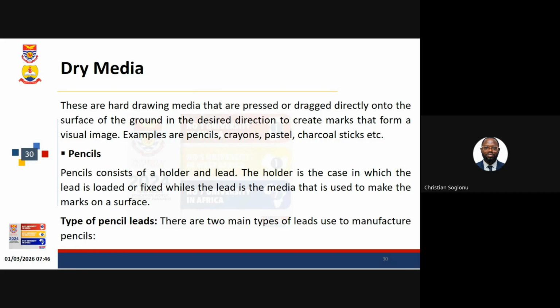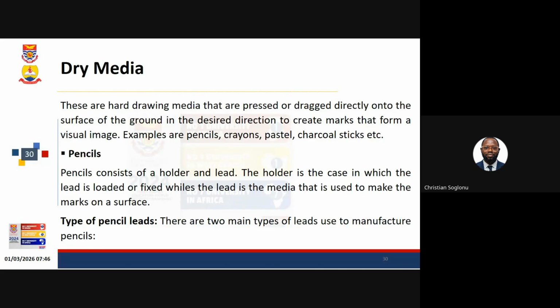The holder is the case in which the lead is fixed, whilst the lead is the media that is used to make a mark on the surface. The lead creates the impressions when you are doing your drawings, and the holder, the wooden case, helps you to hold the pencil.